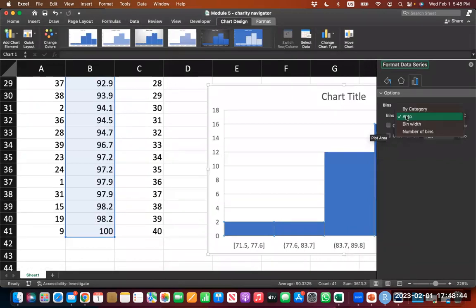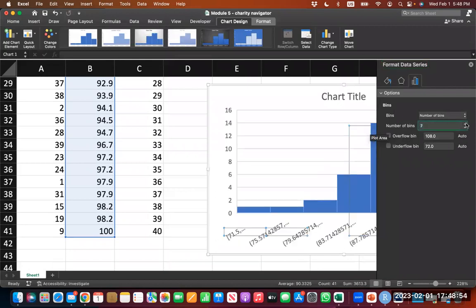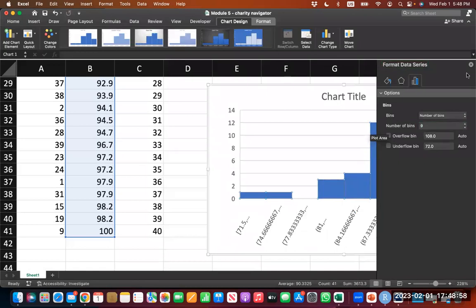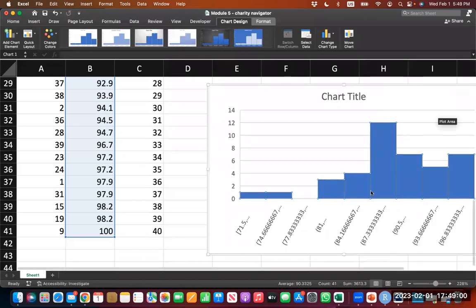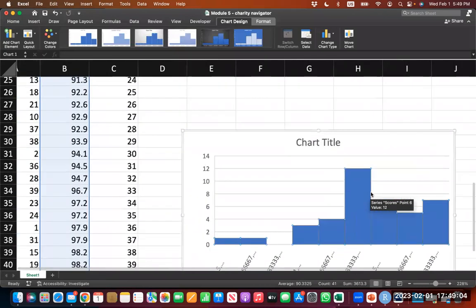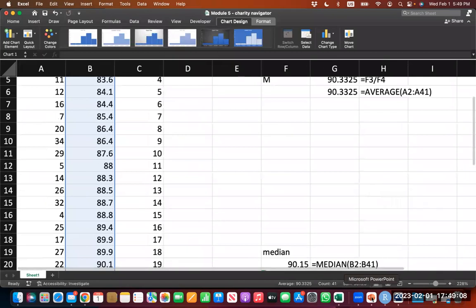On the bin width, let's do this with 8 bins. So we can show this data with more bins, which gives a better idea of the distribution. So this is how you build histograms.